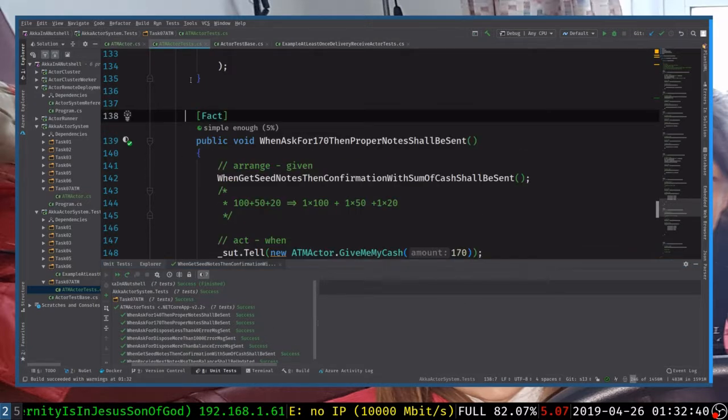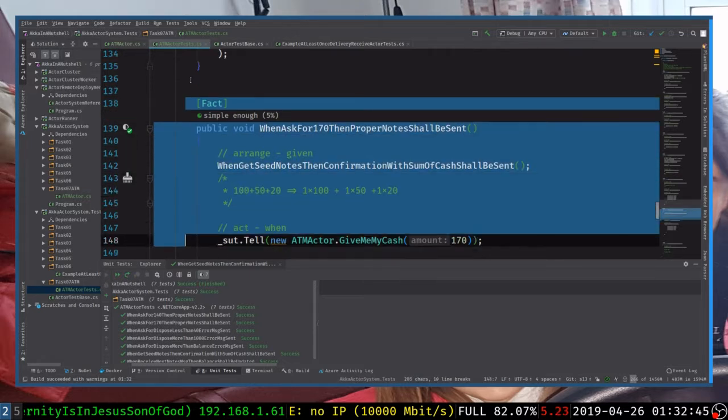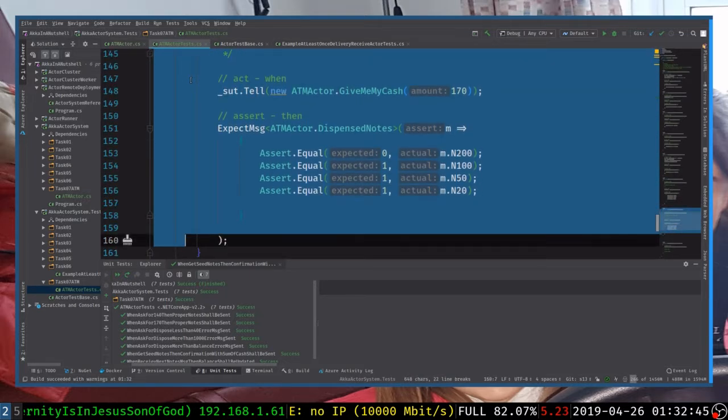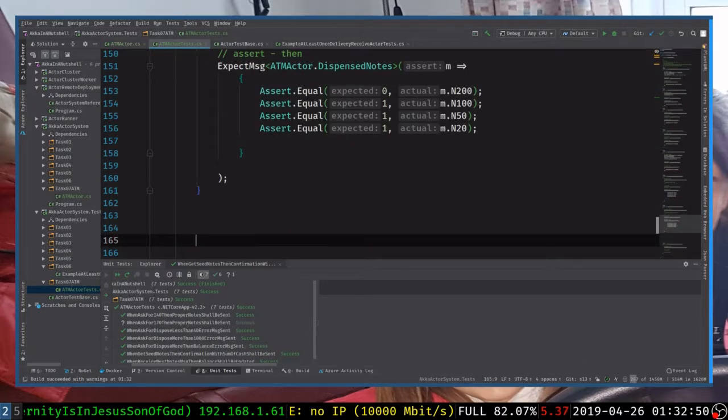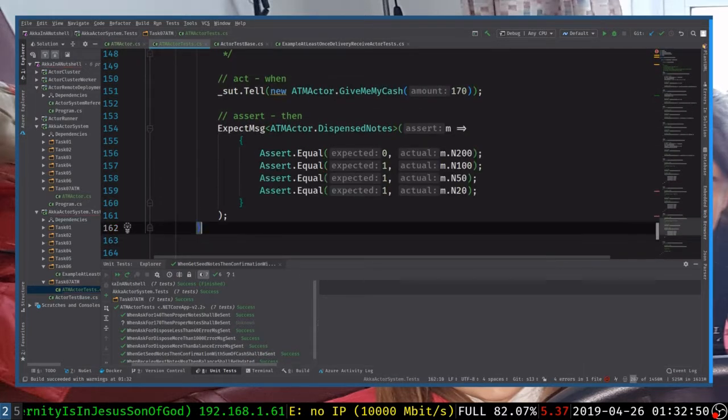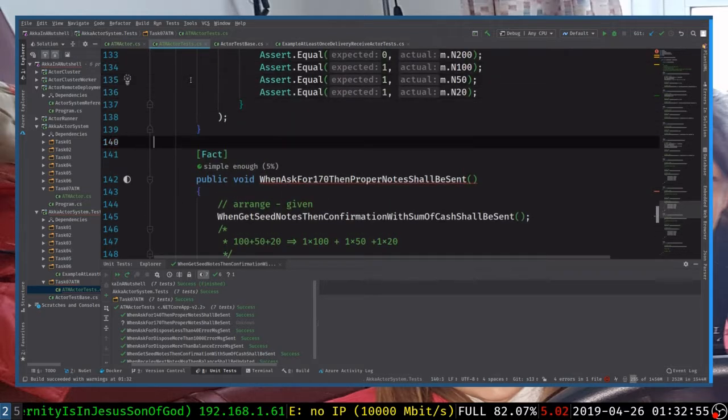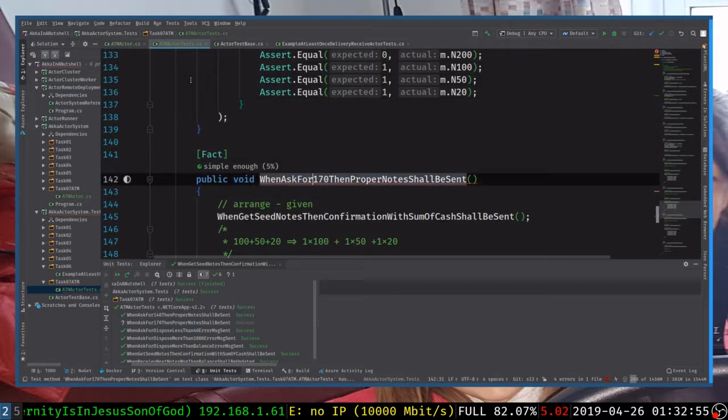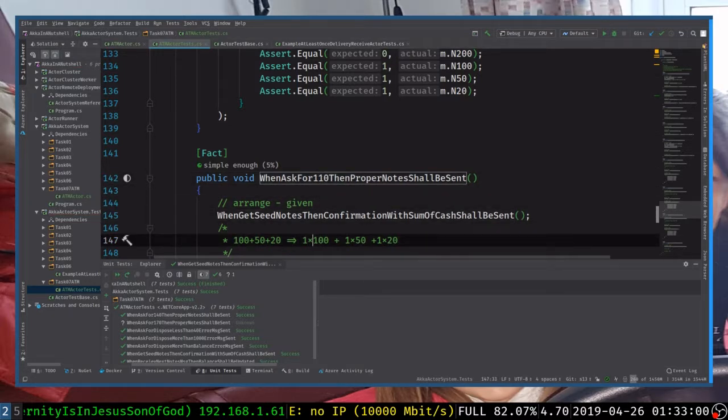Perfect. So now we do something that we ask for 110. That's the thing. Okay. So when we ask for 110, this is a very interesting case. By default our algorithm will take a 100 and try to dispense less.